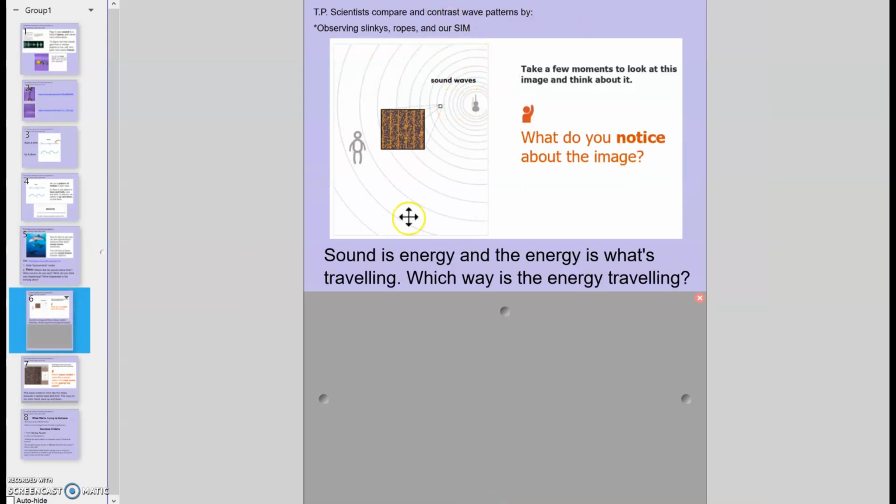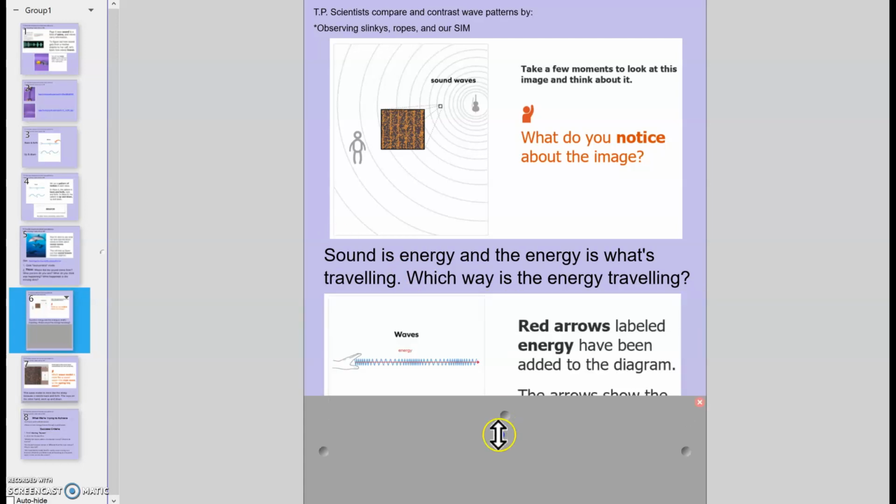So this is a zoomed out image of what those sound waves look like coming from the instrument. And what we were looking at in the sim is a very, very zoomed in portion of one of the sound waves. And that's when we see those particles or those dots. So sound, we know, is a type of energy. That energy is what is traveling. Now we need to figure out which way is the energy traveling.